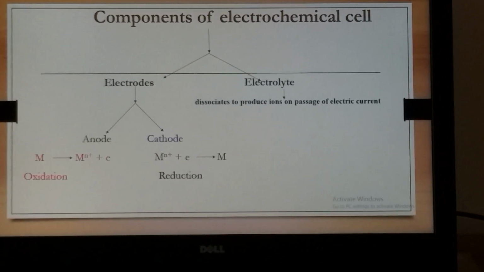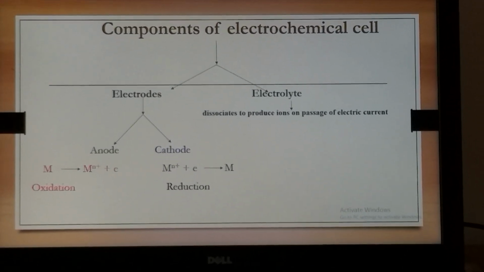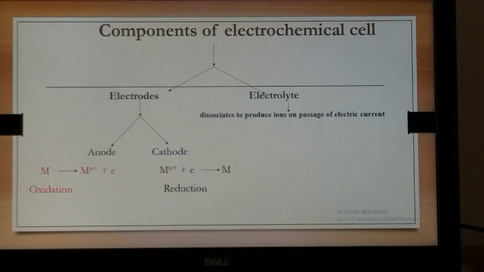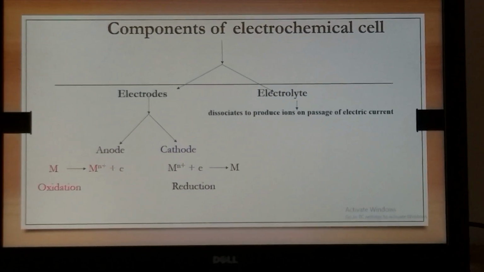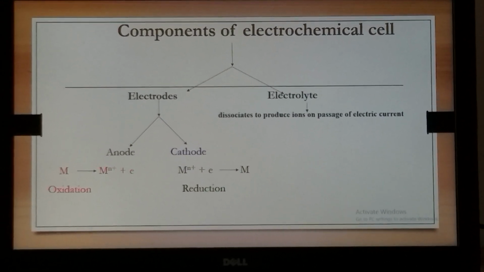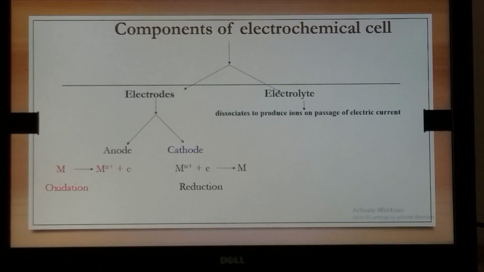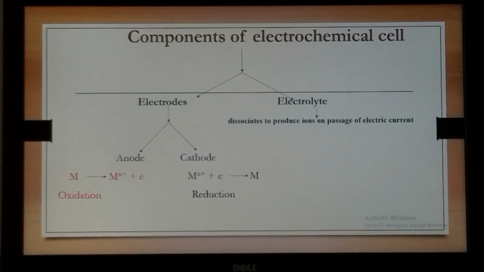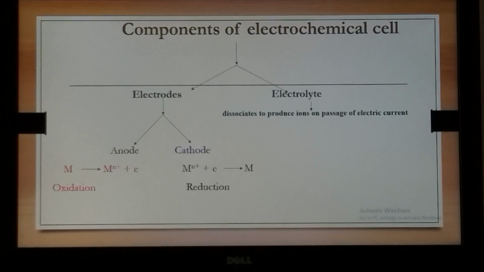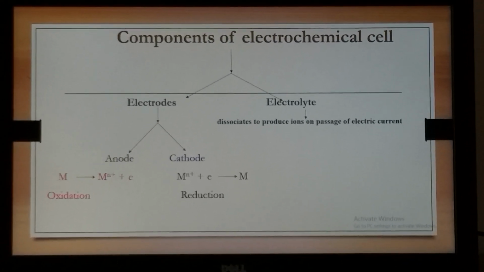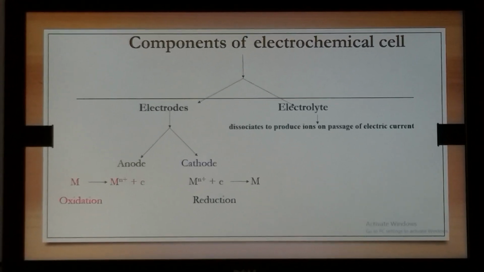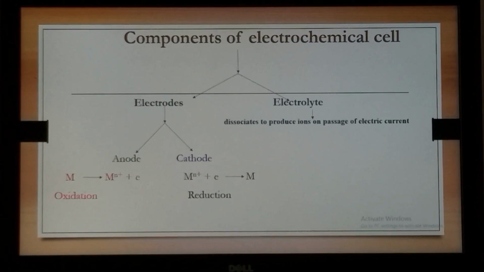So let us first talk about the electrochemical cells. As I explained, the device in which the electrolysis takes place as a result of passage of current is called an electrochemical cell. So we can say that the components of electrochemical cells are the electrodes and the electrolyte.